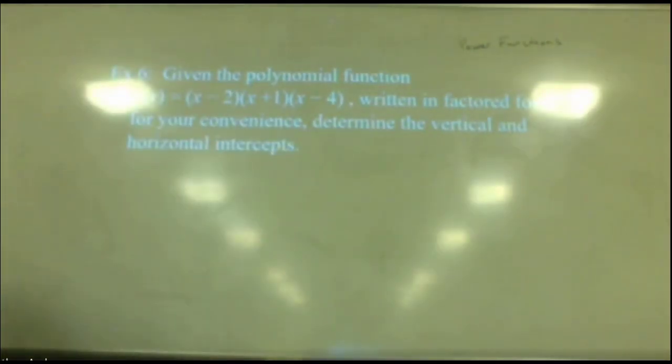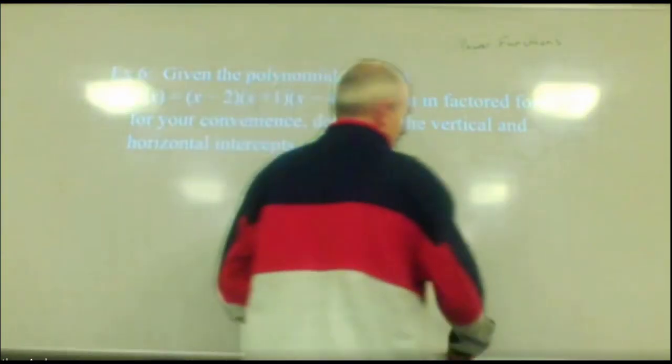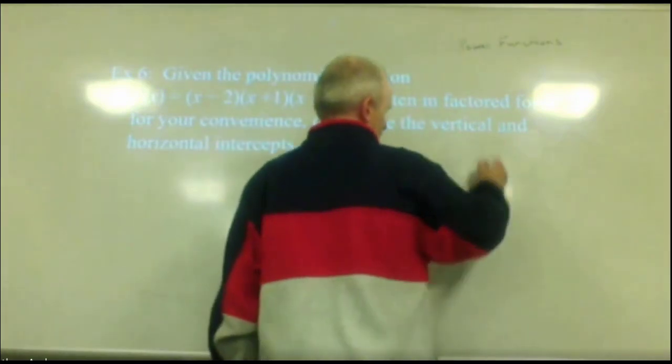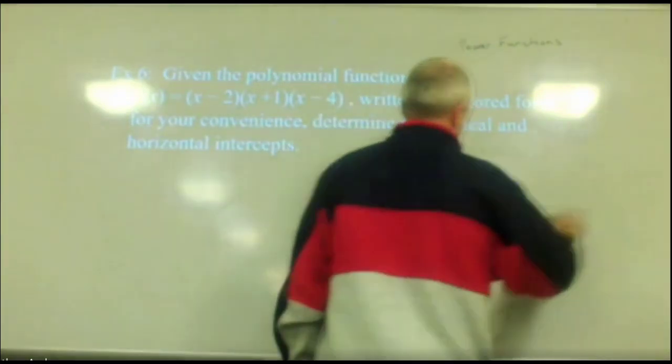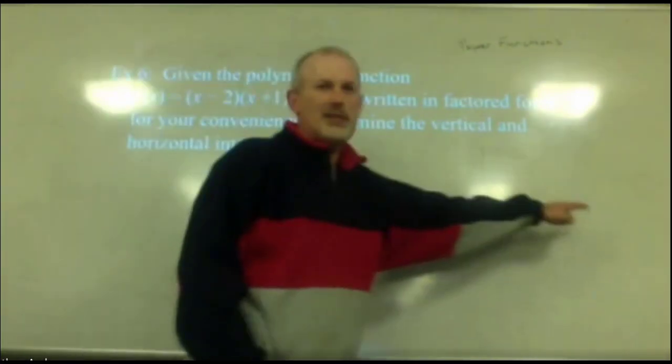Given the polynomial function here, written in factored form for our convenience, determine the vertical and horizontal intercepts. So I want to think about what the graph would look like first, any generic graph. The x-intercepts are going to be right here where it crosses the x-axis.